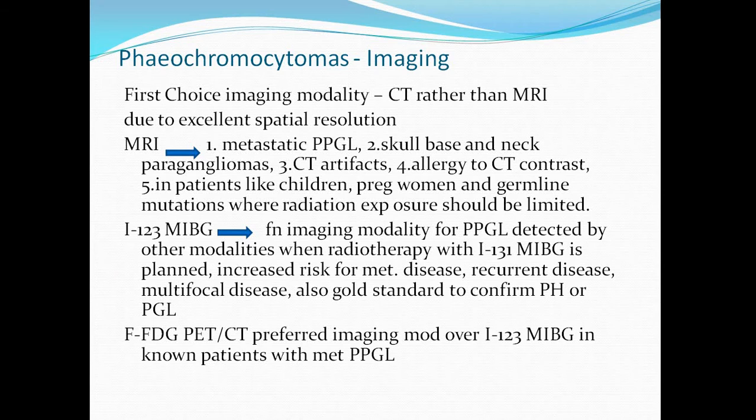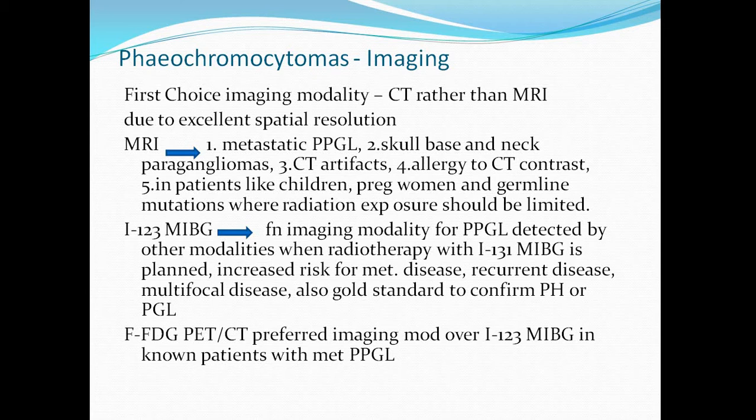And coming to imaging, the first choice is CT rather than MRI. Why? It's due to the spatial resolution. CT gives you an excellent spatial resolution, but there are conditions where you use an MRI.